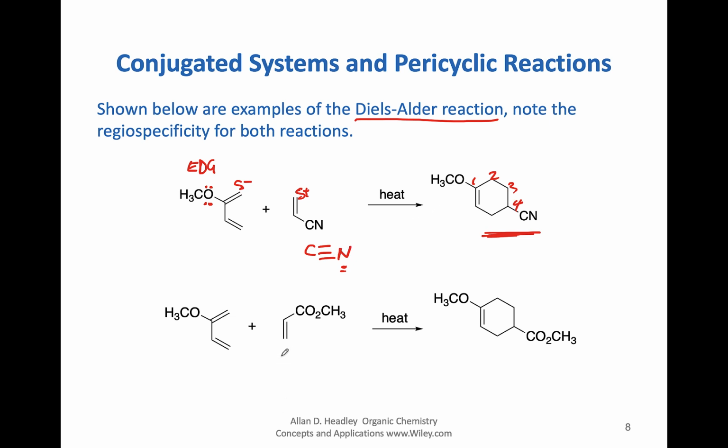This is drawn differently here, but hopefully you realize that this carbon will not bond to this carbon here, because this group here is an electron withdrawing group. So the reaction will not occur from here to give the 1-2 product, but from here to here.